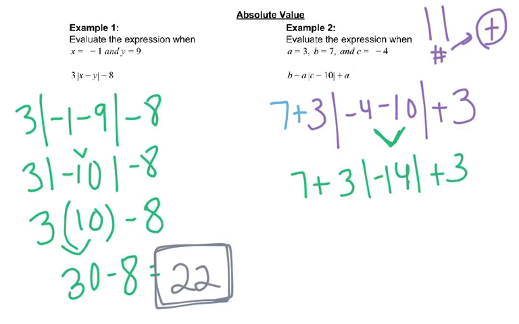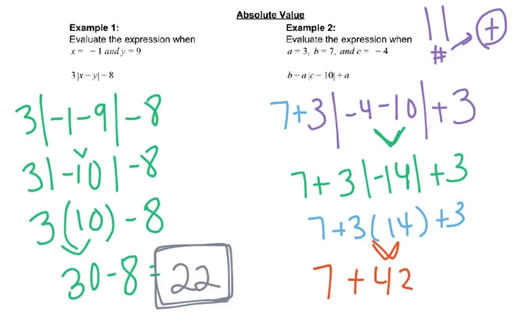Again, the absolute value of negative 14 gives us a positive 14. So I'm just going to change it like so. Fill in the numbers around it. And then we want to do multiplication first. 3 times 14, which gives us 42. We add all those values together and we get 52.